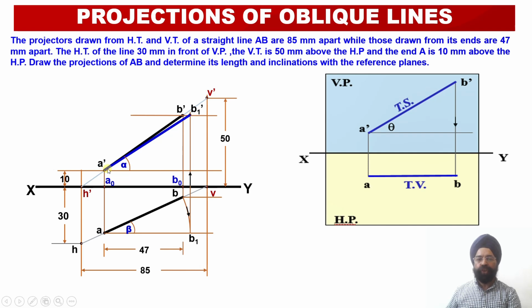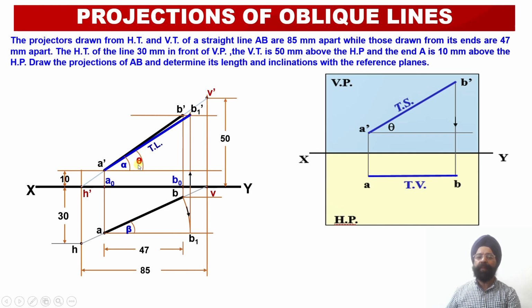Now we are going to join the points A dash and B1 dash. Once we join them, the true length of the line has been evaluated in the front view, that is A dash B1 dash. Now the angle of inclination of this true length with respect to the horizontal plane we are going to evaluate.